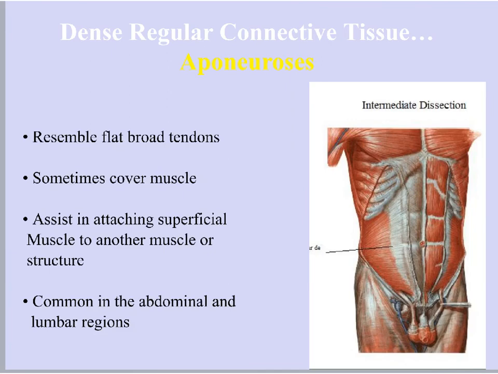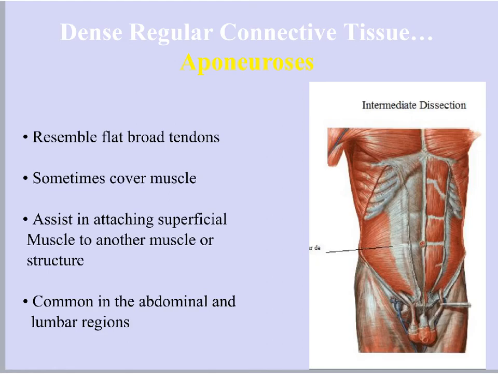Another example of dense regular connective tissue is an aponeurosis. Let me explain a couple things to you here first. This slide really should be moved before the elastic tissue slide, because elastic tissue is a different example of dense regular connective tissue.